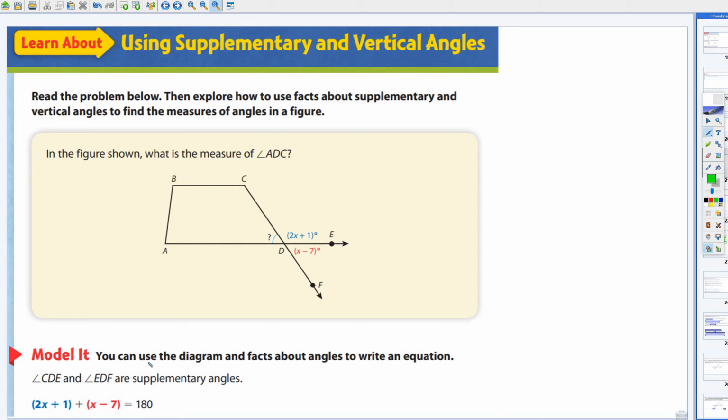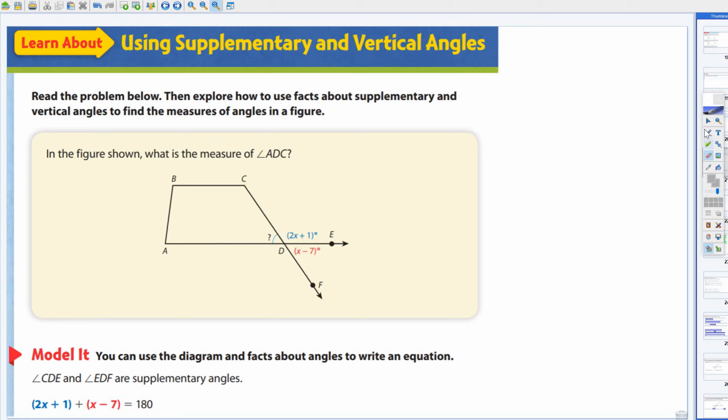Well, let's model it. You can use the diagram and facts about angles to write an equation. Angle CDE, right here, which is 2x plus 1, and angle EDF, in a different color, are supplementary angles. Remember what supplementary are?